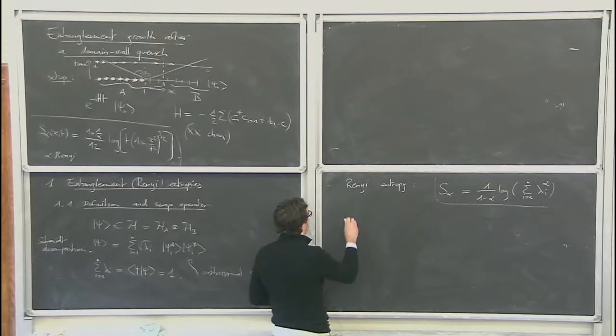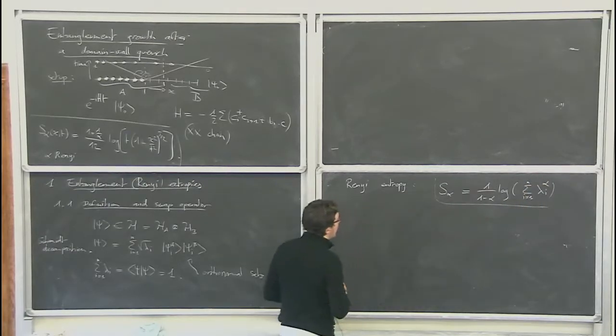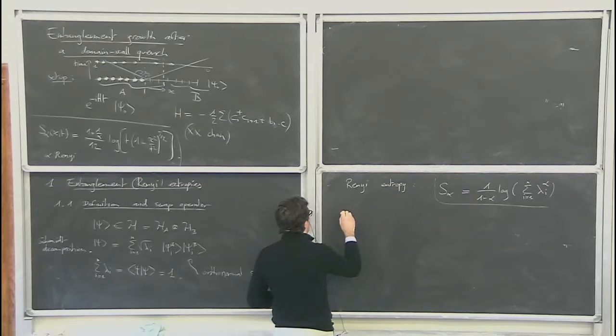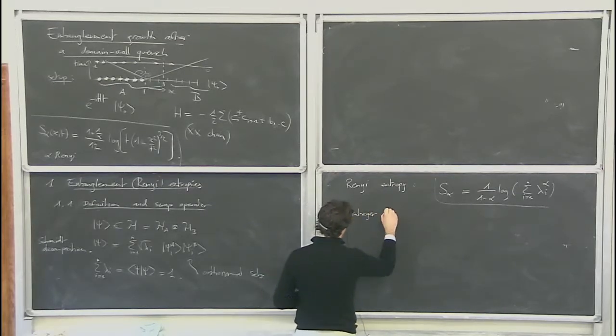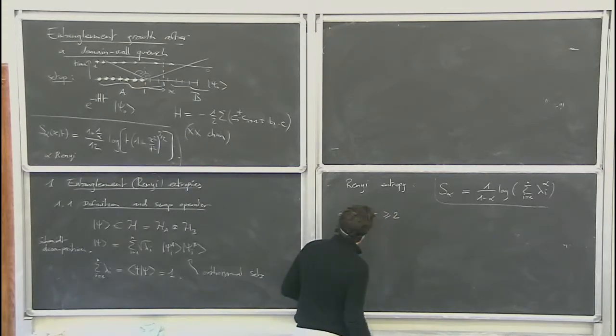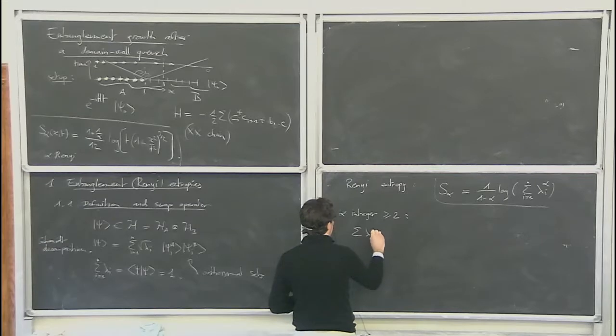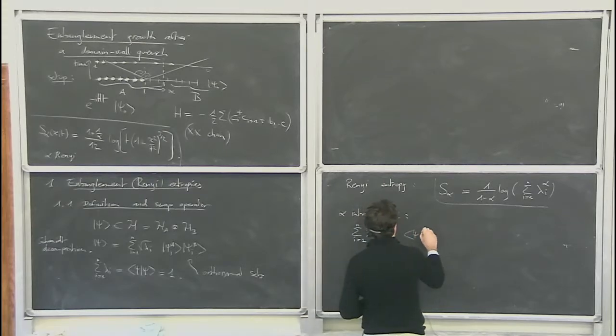And now there's a trick that allows us to write Rényi entropies, or more precisely this part here, as an expectation value if alpha is an integer larger than 2. So if alpha is an integer larger than 2, then you can write this here as the expectation value in a system with several copies of your state.